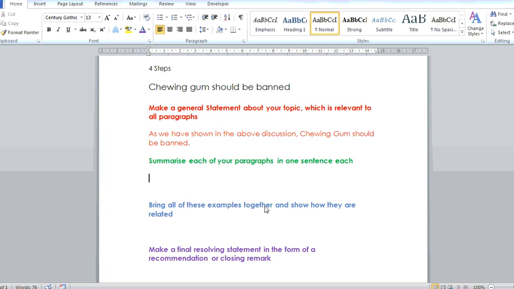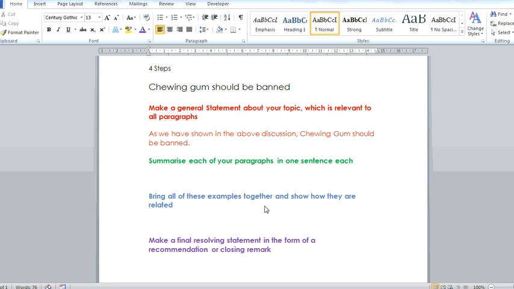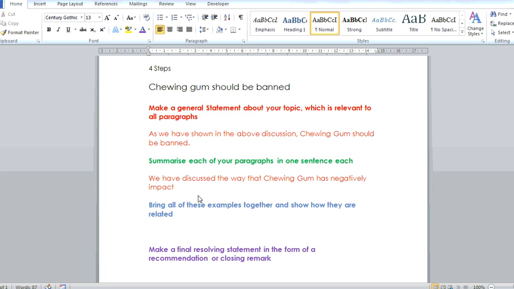But the idea is that you're going to sum up everything you talked about in your opening paragraphs in 1 sentence each. So my first sentence is going to be about my first paragraph, which was about health. So I'm going to say, we have discussed the way that chewing gum has negatively impacted our health.